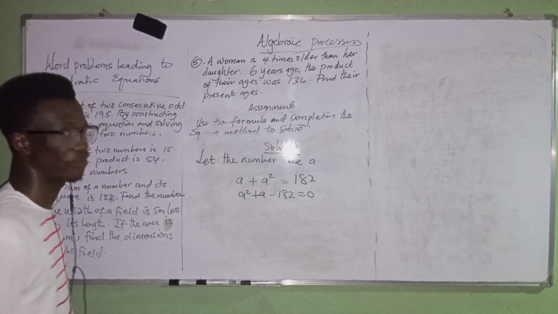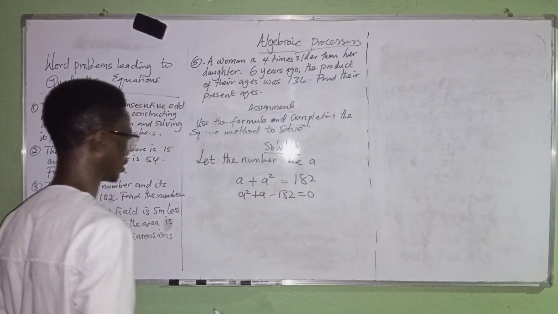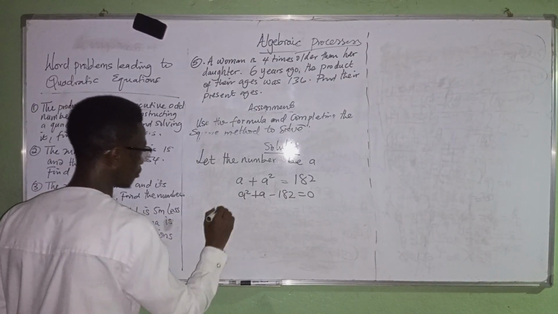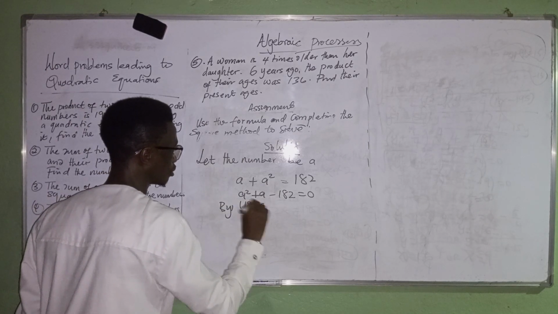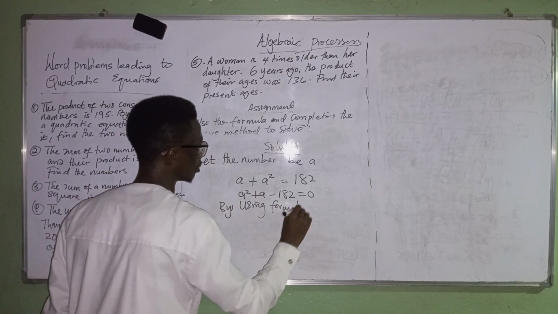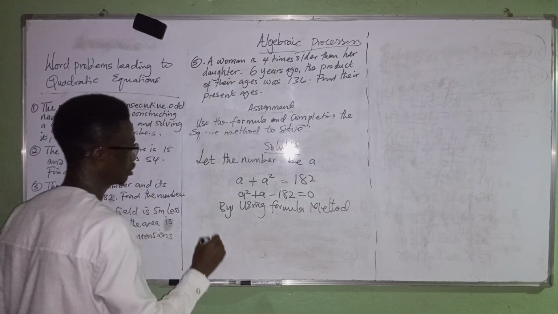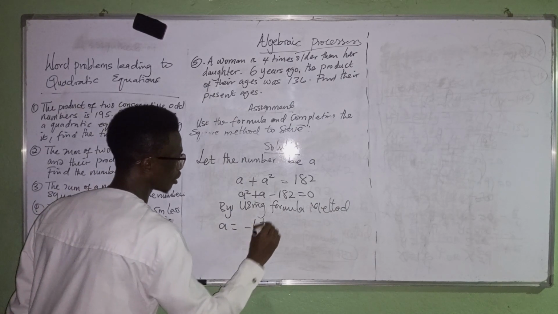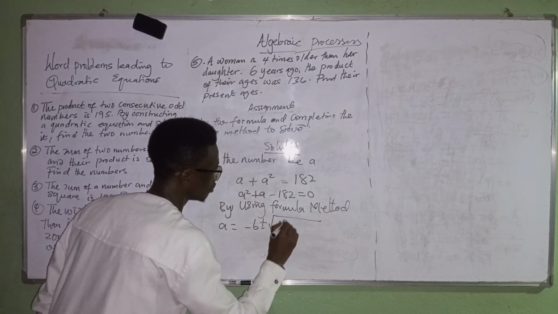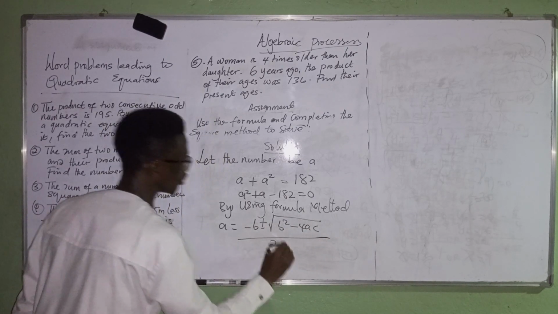So the same thing. If I'm finding it very difficult to determine the two numbers, I'll just use the formula method. Simple as that. So by using the formula method, since I'm using A here, A equals minus B plus or minus the square root of B squared minus 4AC, all over 2A.